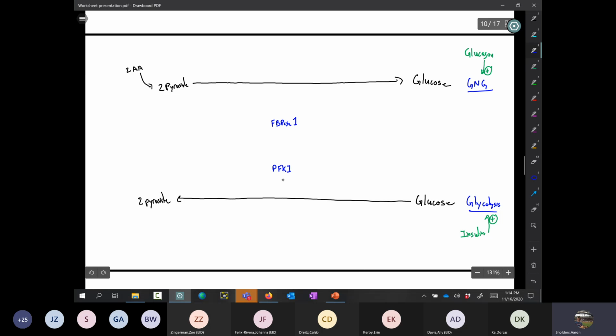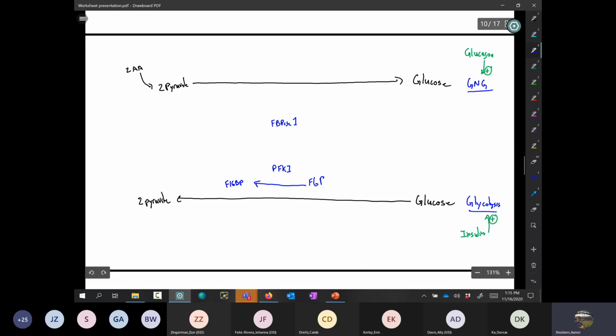And what PFK1 is essentially going to do is, as I'm sure you all remember, or hopefully do, it's going to take this fructose 6-phosphate and it's going to make from that fructose 1,6-bisphosphate.